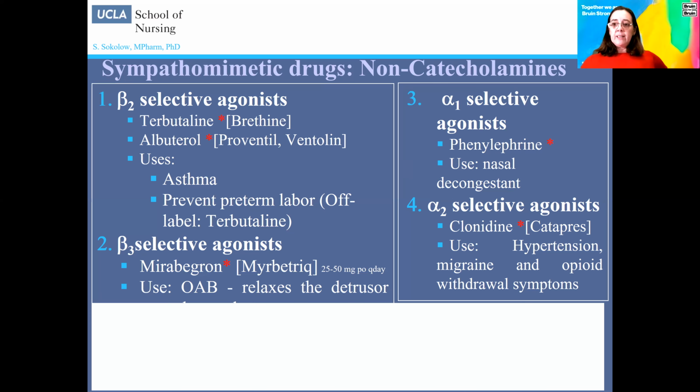So clonidine, even though it's an agonist, acts as an antagonist, and it's used for the treatment of hypertension, like refractory hypertension. It's also used for migraine and opioid withdrawal symptoms. For those indications, we don't exactly know the mechanism of action, but we know how it works for hypertension: it prevents the release of norepinephrine and therefore reduces the blood pressure.